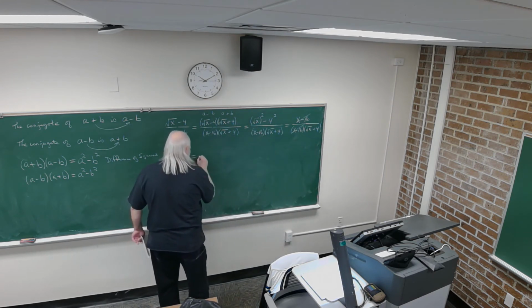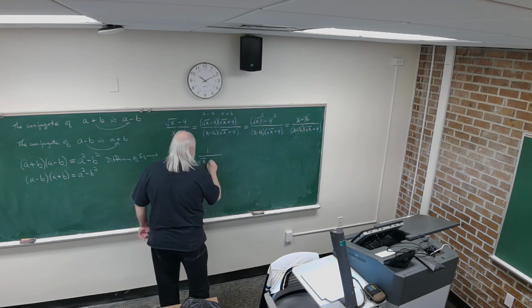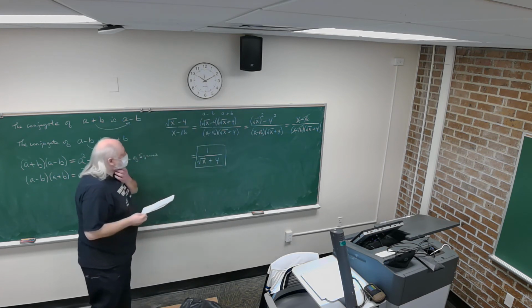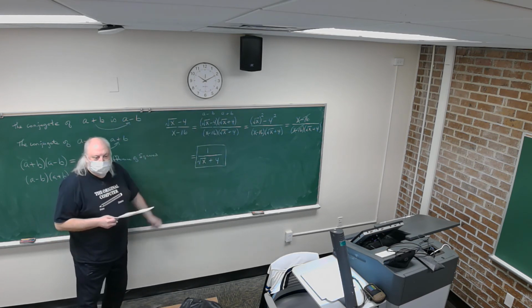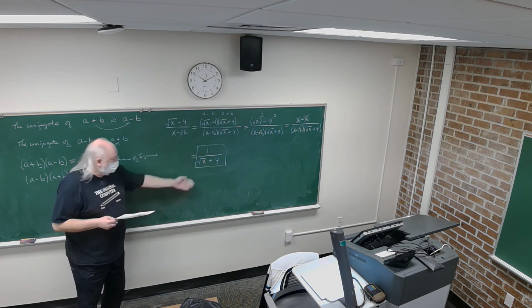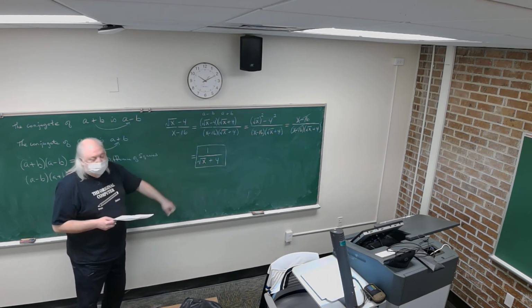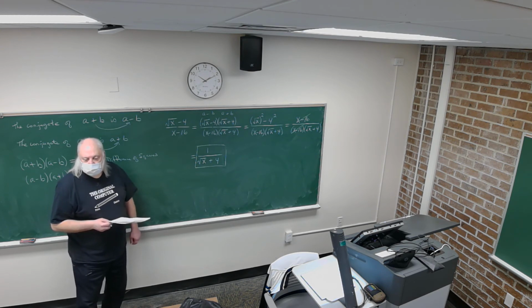So this is equal to 1 over the square root of x plus 4. No square root in the numerator. Now we do have one in the denominator, okay? But we don't have one in the numerator.